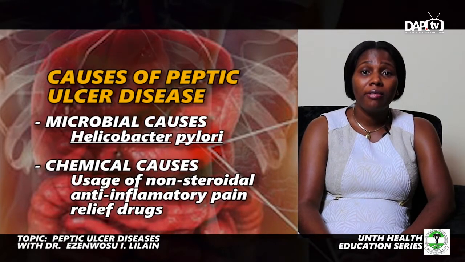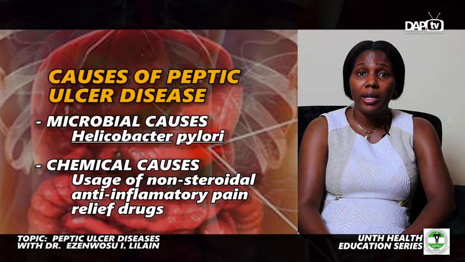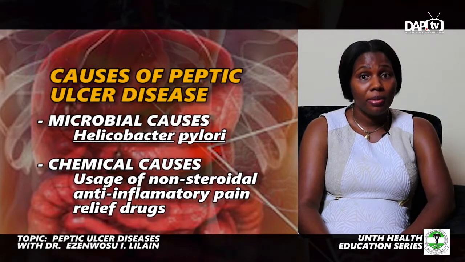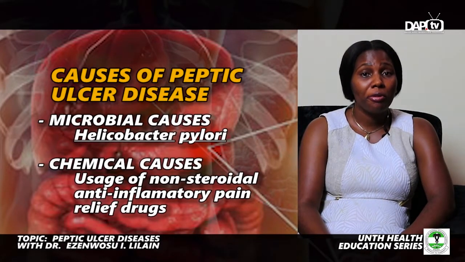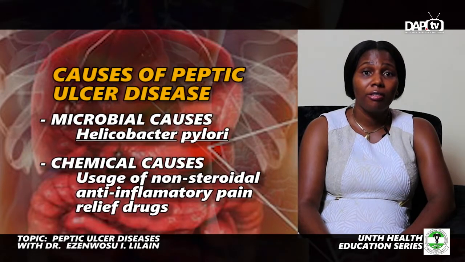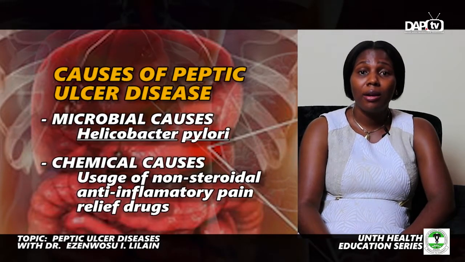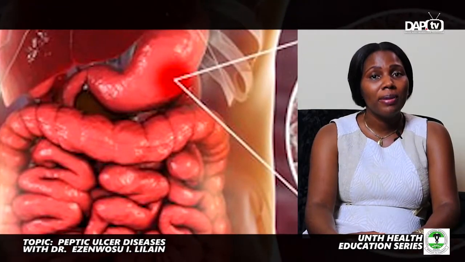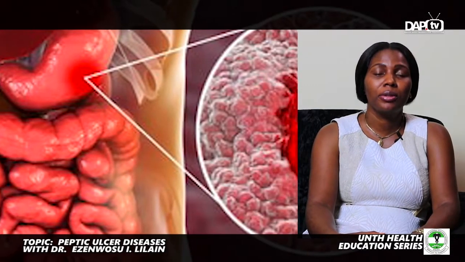The most common pain reliever that causes this ulcer is non-steroidal anti-inflammatory drugs. Examples are aspirin, ibuprofen, and naproxen. These drugs can be purchased from the chemist or pharmacist, and sometimes we take them without even knowing the effects of these drugs.